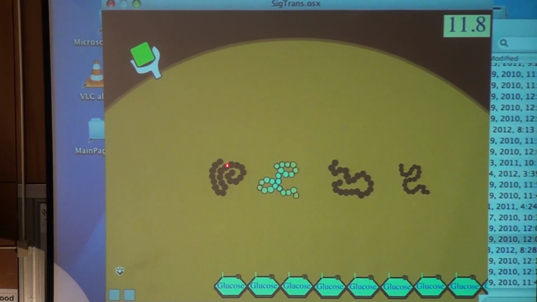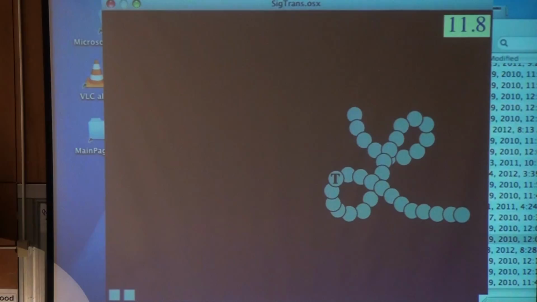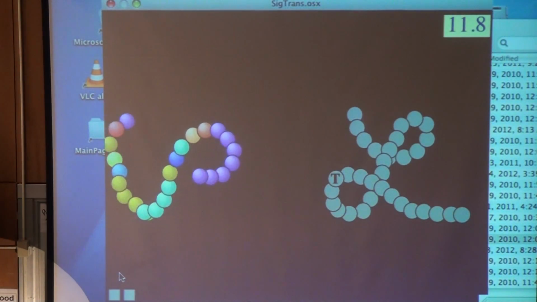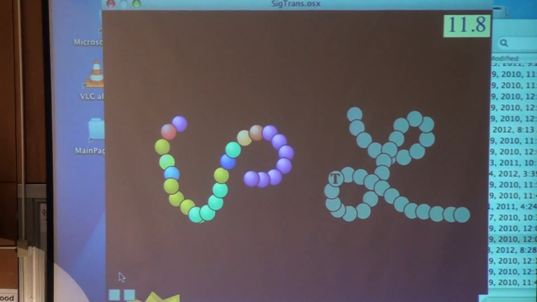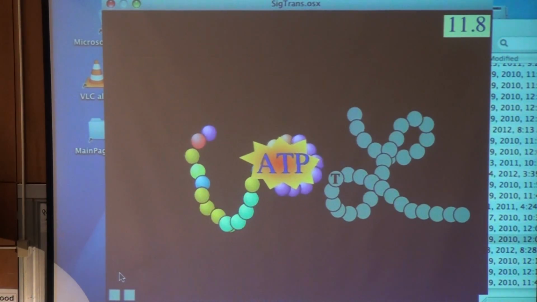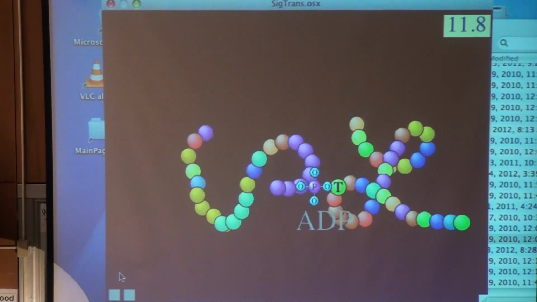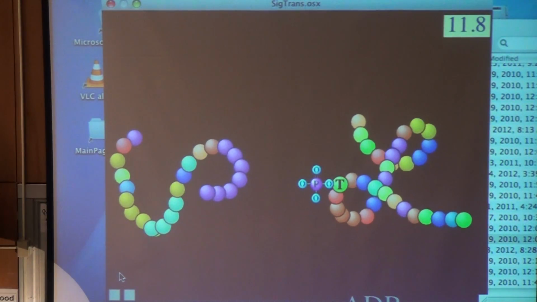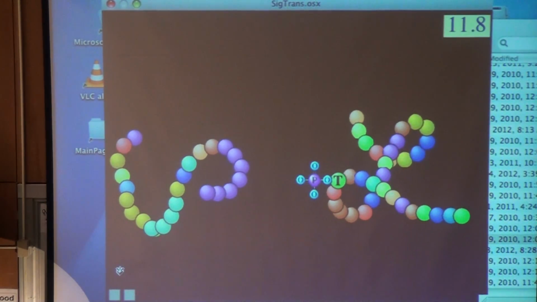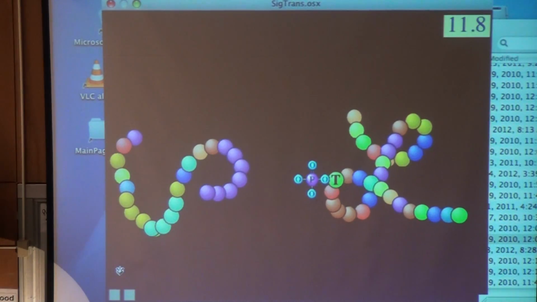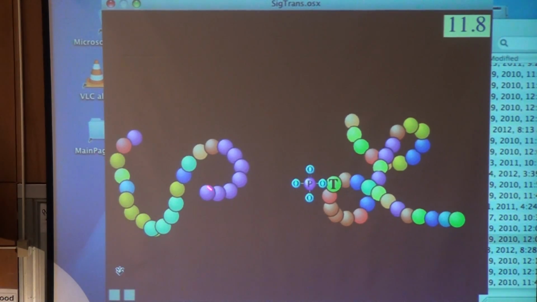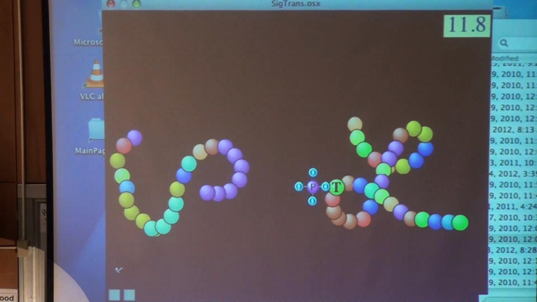It might be a tyrosine kinase that phosphorylates the next one's tyrosines, like this. It grabs an ATP to get some phosphate groups, adds them to the tyrosine amino acid on relay protein number 2, and that activates relay protein number 2. So we would say that this relay protein right here is a tyrosine kinase.